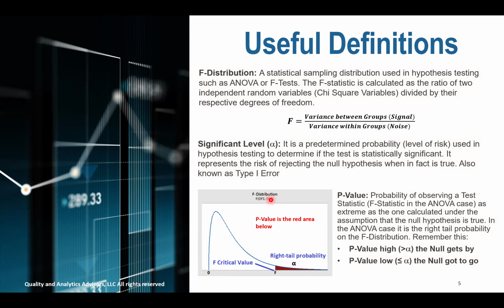So 3 and 36. That's going to give me this shape. And this value is 53. I want to tell you that 53 is a very extreme value. It's actually very forward in this curve, meaning that this area is going to be very, very small. That area is going to represent the actual p-value, as you can see over here.